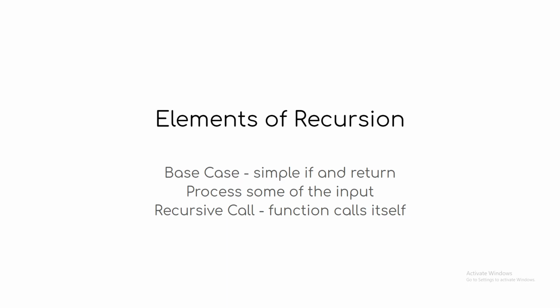So if you're multiplying numbers, or taking the factorial of a number, the base case is that the number they gave you is 1, so you just return 1. Then the next two things: you process some of the input, so you reduce the size of the original problem, and then you call the function itself. The function calls itself in a recursive call.